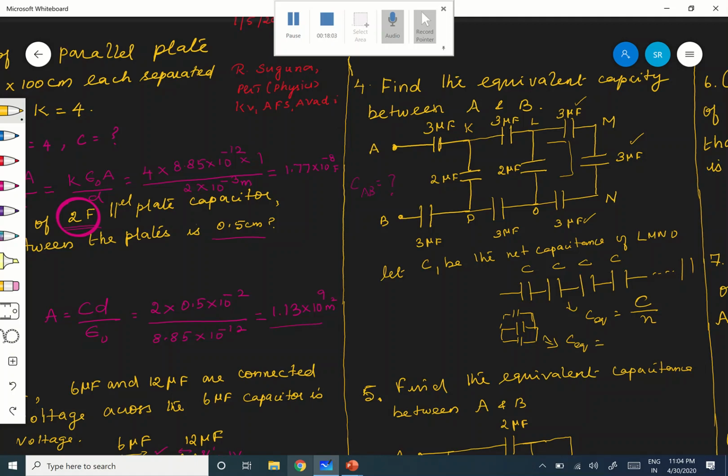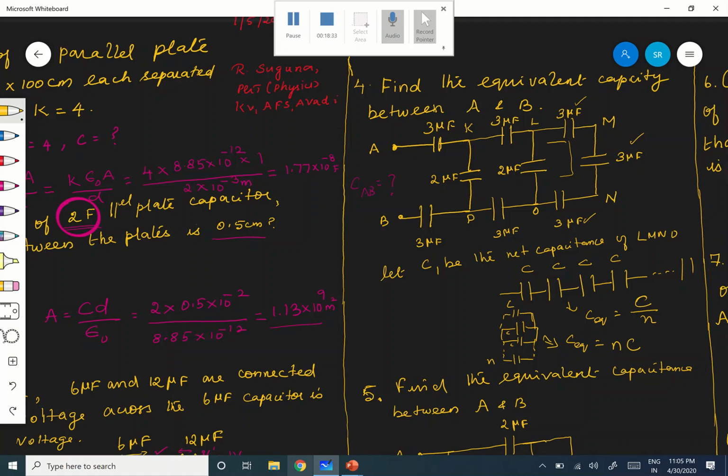The equivalent capacitance is nothing but n number of capacitances, each C. Therefore, all are in parallel, so it is n into C. Parallel means n into C. But if it is in series, then it is C by n.